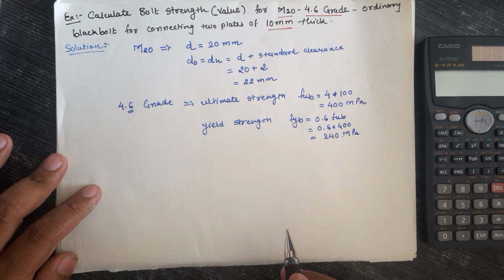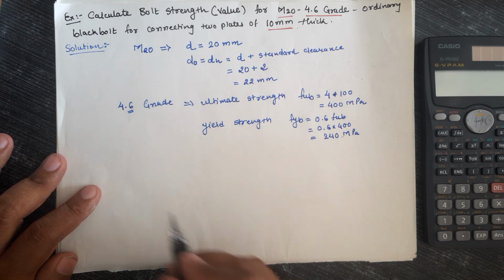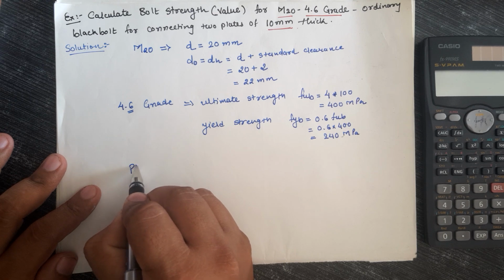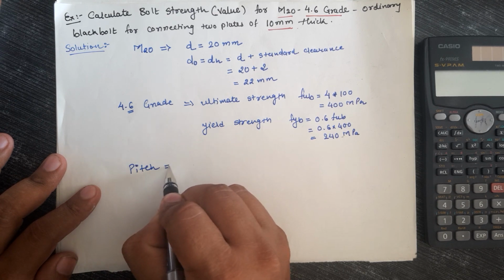First of all, we are going to calculate the required terms used in the shear capacity as well as the bearing capacity. The first one is pitch or gauge distance.